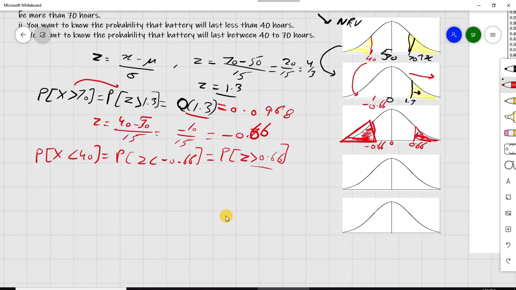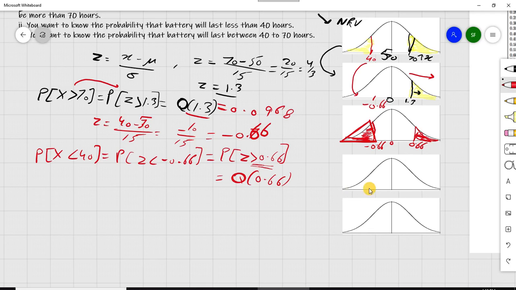The positive values are given in the Q table, and in the Q table, if I put Q of 0.66, it will tell me the probability after this point 0.66, and this is what I need to answer. So I just have to look into the Q table and find the probability after this point 0.66.